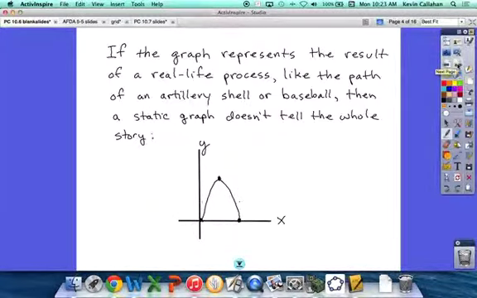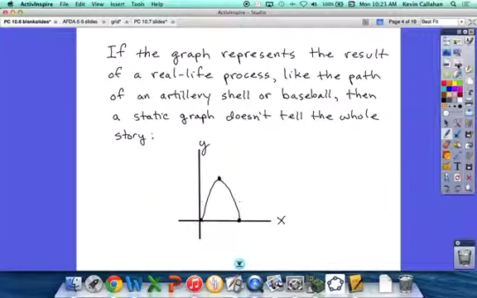Okay, now if that same graph represents the result of some real-life process, like the path of an artillery shell or a baseball, goes up, comes down, and that is actually the path that it follows, then just looking at that static graph, it doesn't really tell the whole story, right? Because it didn't just have the entire graph all at once.